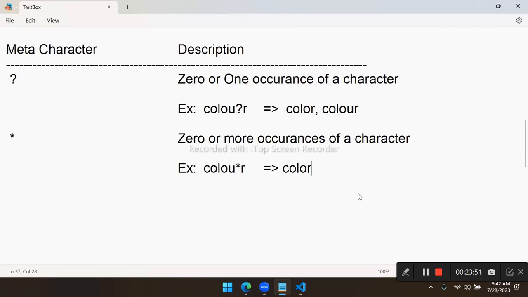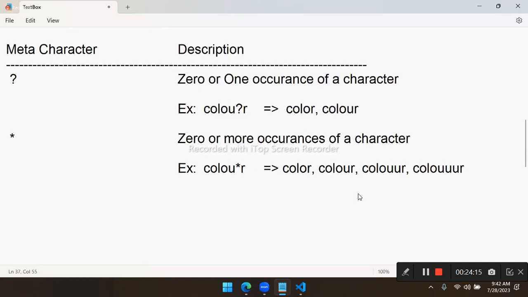Yes, because asterisk means 0 occurrence. 0 occurrence means without U it will allow, right? And how many occurrences will it allow? More. That means COLOUR, is it valid? It is also valid. COLOUUR, all are valid.